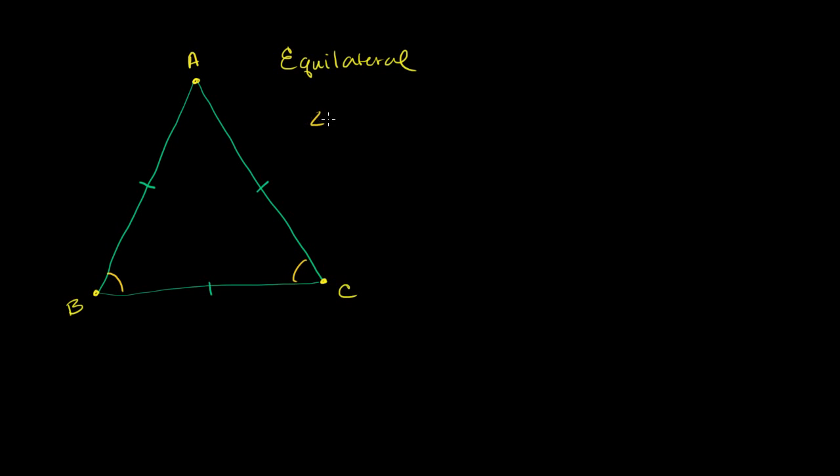We know angle ABC is congruent to angle ACB because, so maybe this is my statement right over here, statement, and then we have reason. And the reason here, and I'll write it in shorthand, is that they're base angles of an isosceles triangle, because we know that this side is equal to that side.